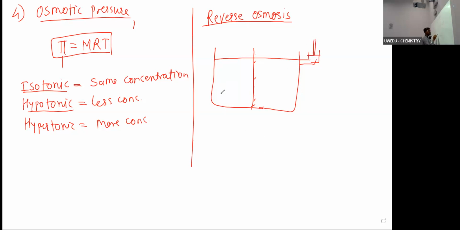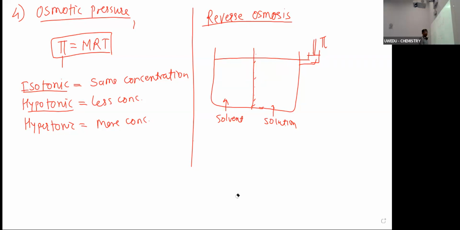Let's take solvent on this side and solution on this side. There is a net flow of solvent from solvent to solution. When we apply pressure equal to osmotic pressure pi, then what happens? Yeah, the flow will stop, right? So this net flow will stop.